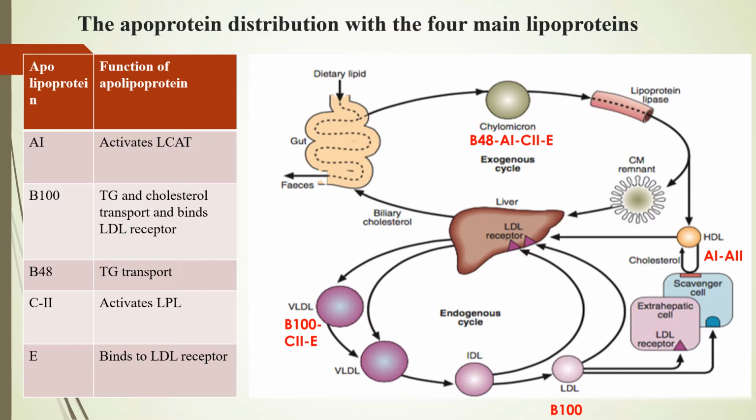As mentioned earlier, apolipoprotein A1 activates lecithin cholesterol acyltransferase. The B100, which functions in triglyceride and cholesterol transport and serves as a recognition particle for the low density lipoprotein receptor.